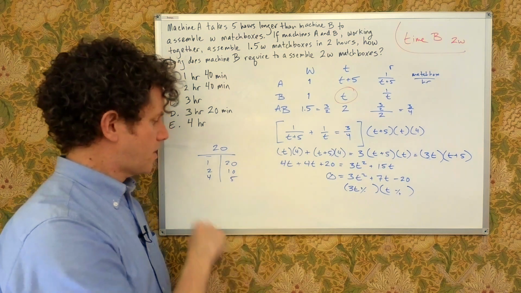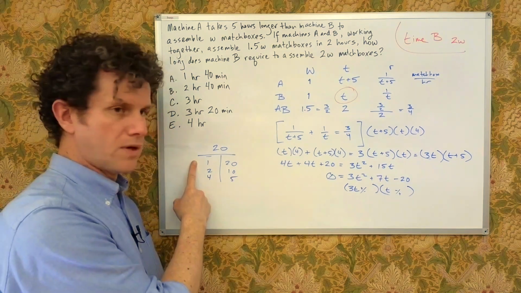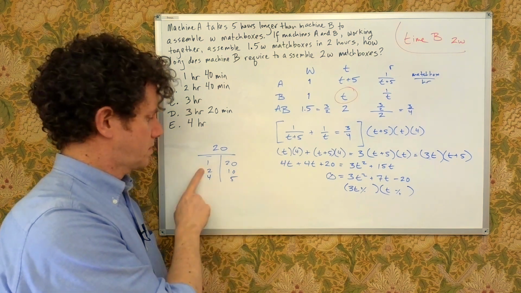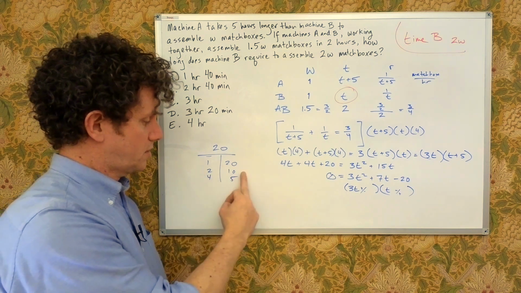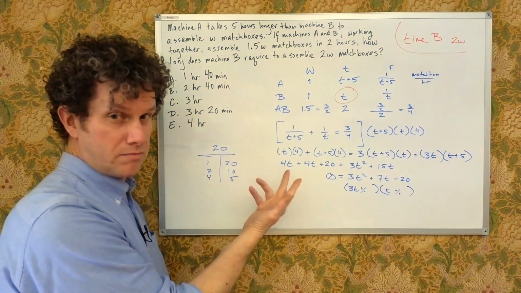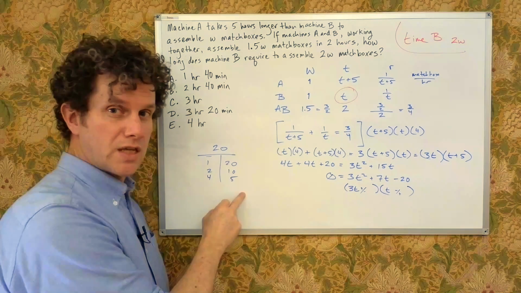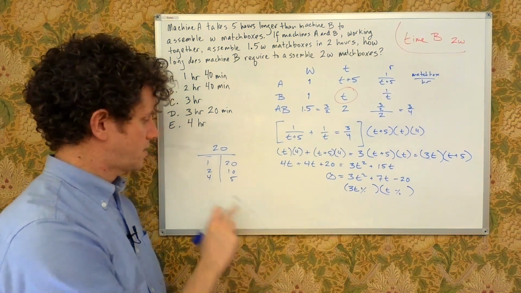If we want to be super methodical, if we triple the 1, we have 3 and 20, much too far apart. 1 and 60, much too far apart. Triple the 2, we have 6 and 10, that's too close. 2 and 30, much too far apart. Triple the 4, we have 12 and 5, which are 7 apart.